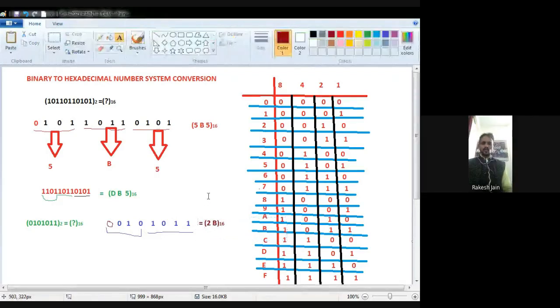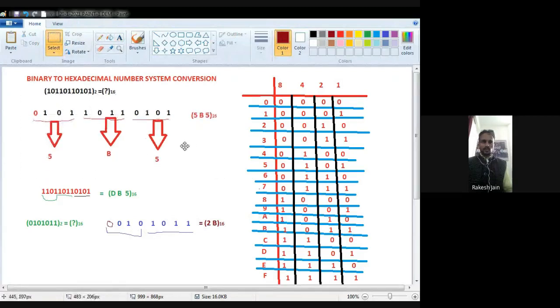I hope you understand this conversion. So this will be the conversion of binary into a hexadecimal number system.